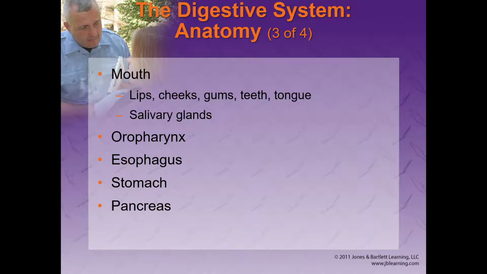You then have your pancreas, which is a flat, solid organ that lies below and behind the liver and the stomach. It contains two major kinds of glands. You have exocrine glands and endocrine. Exo meaning outside of, endocrine meaning inside of. Your exocrine glands are going to secrete pancreatic juices that contain enzymes that help digest fat, starch, and protein.